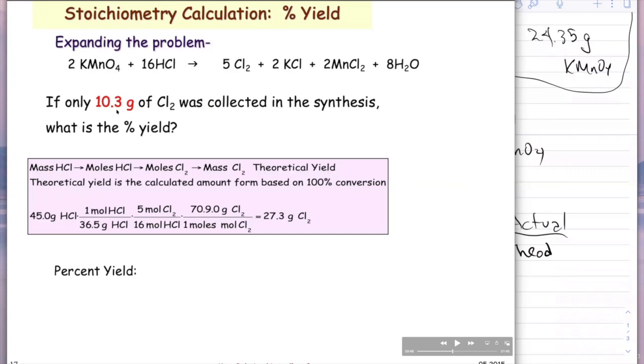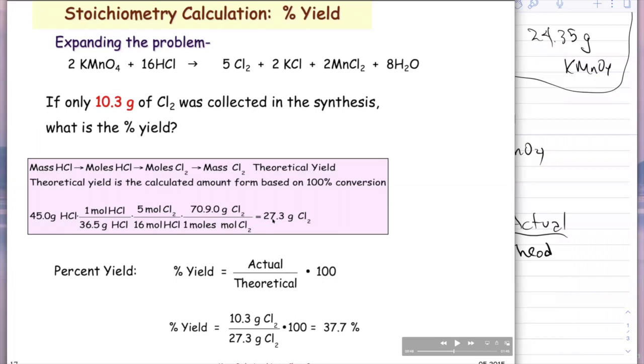That was what was collected in the lab, but my theoretical was 27.3. That's what I showed you in the previous calculation. So the percent yield is just going to be 10.3 divided by 27.3 times 100. And so my percent yield would be 37.7%.